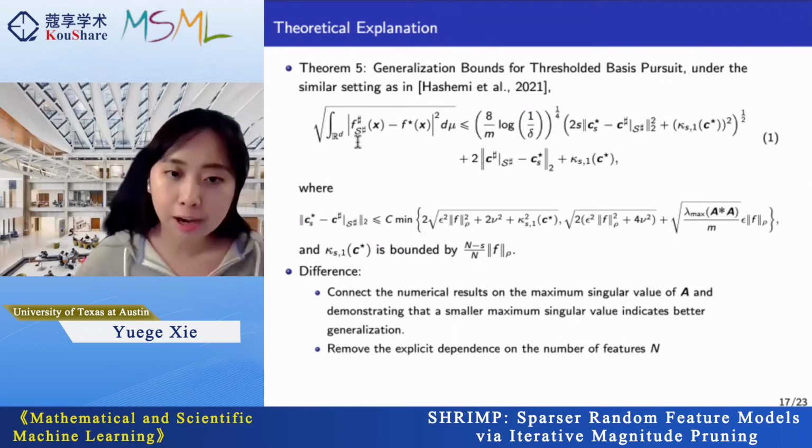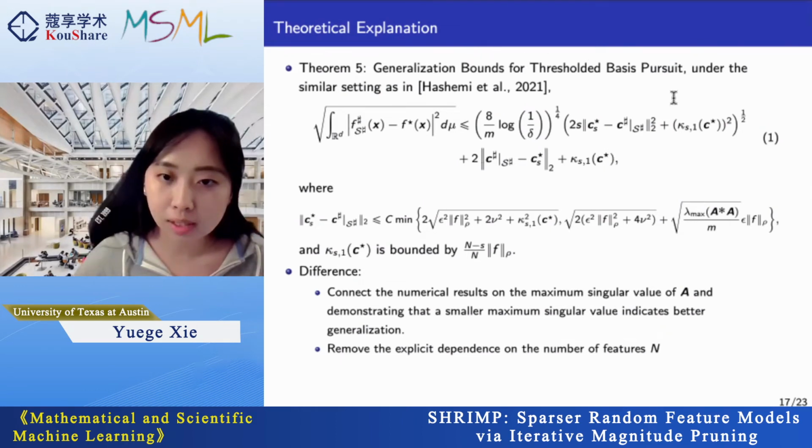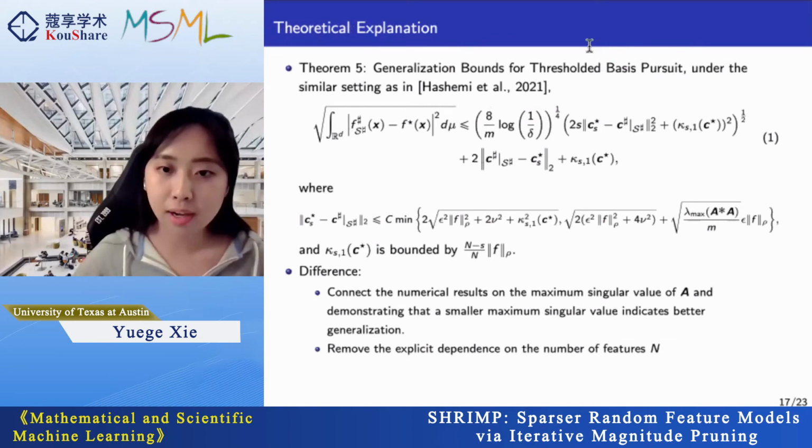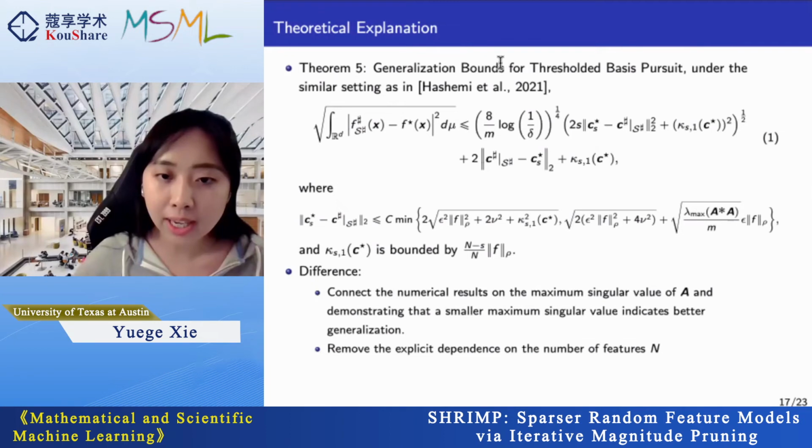So first, we have a generalization bound for the threshold-based pursuit under a similar setting in Hashemi et al. And I won't explain too much about every term in those equations, but I would mention the difference of our refined analysis compared to the generalization bounds in Hashemi et al.